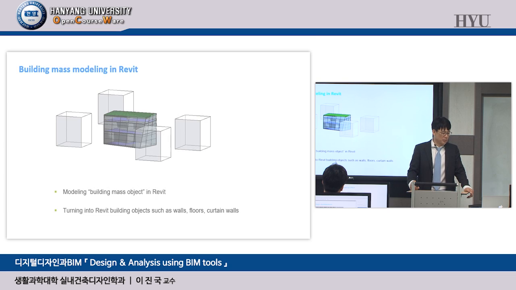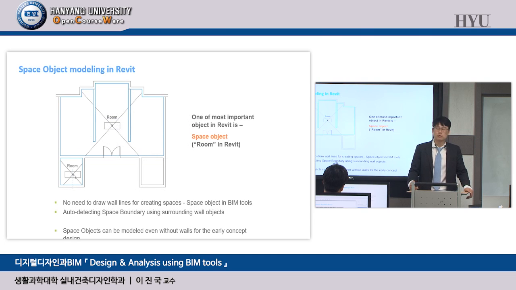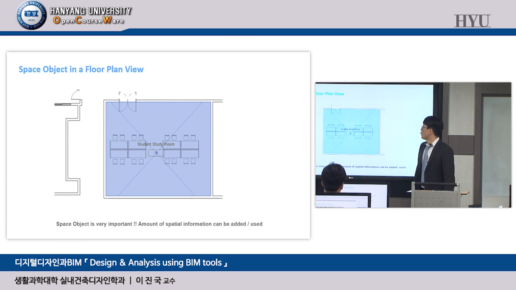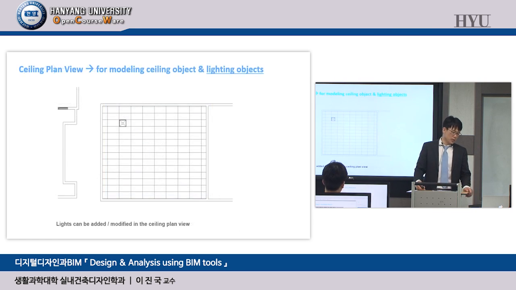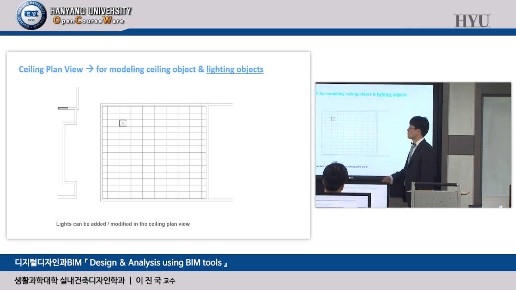So this is the mass object we created and handled, and the room object as one of the examples of space-oriented approach. When you create room object, room structure or interior components, this is the ceiling object case.